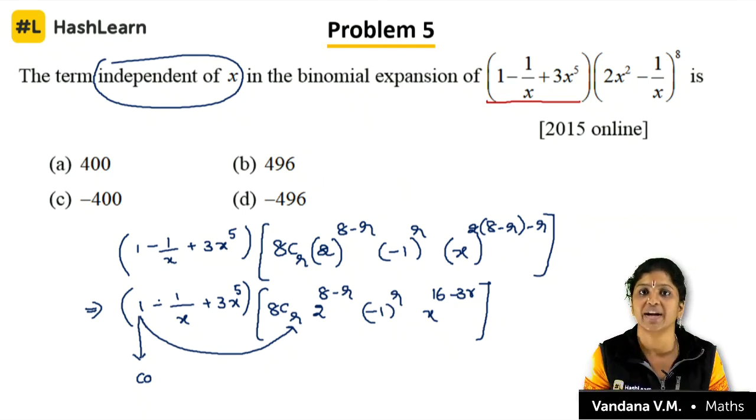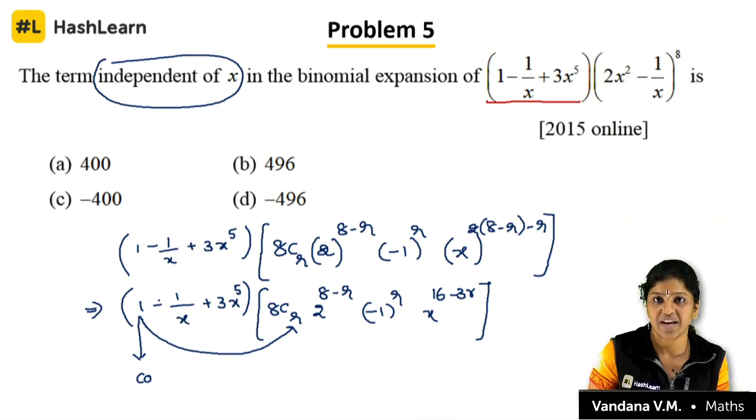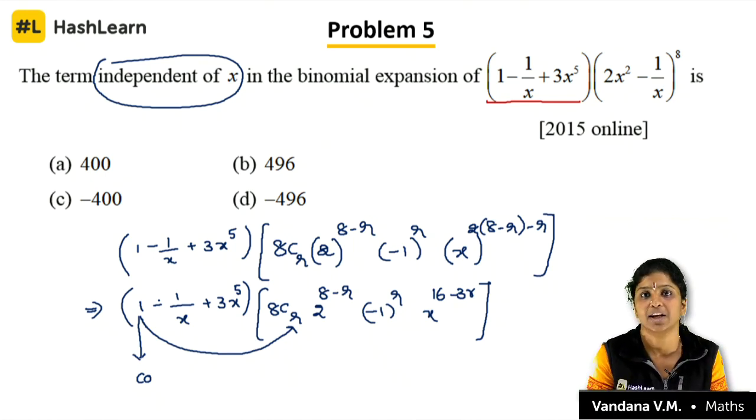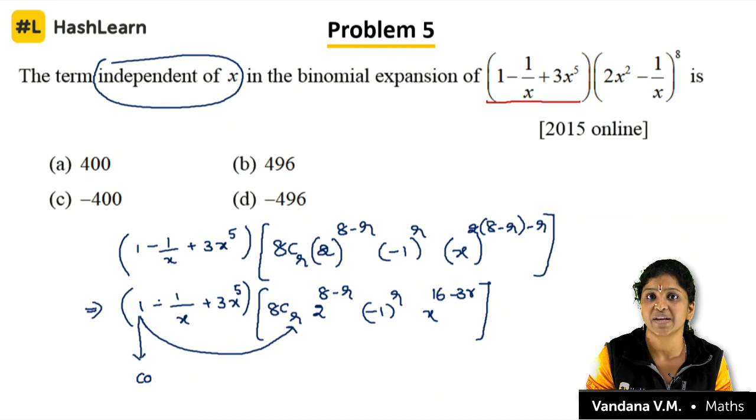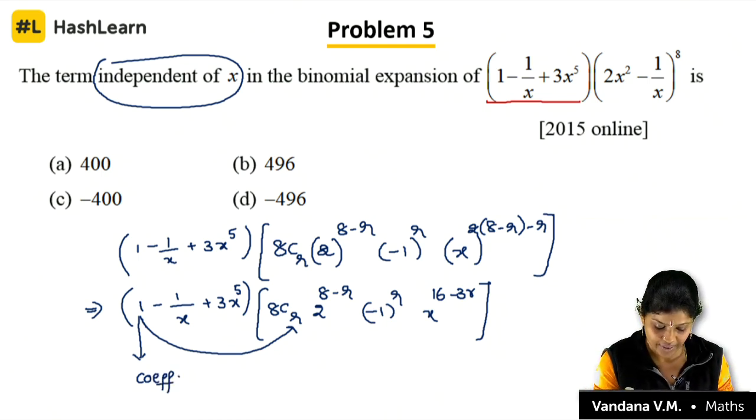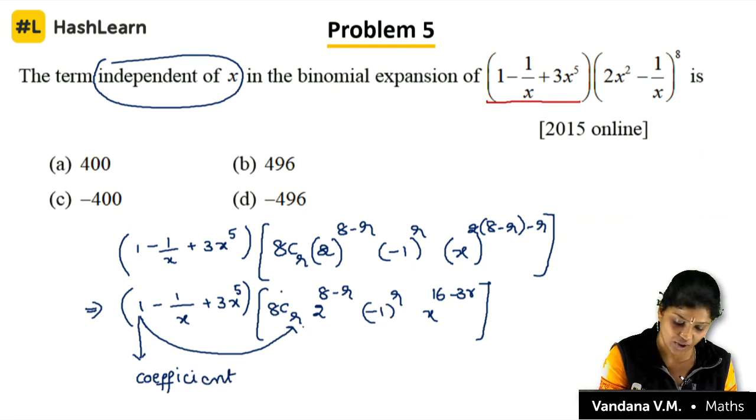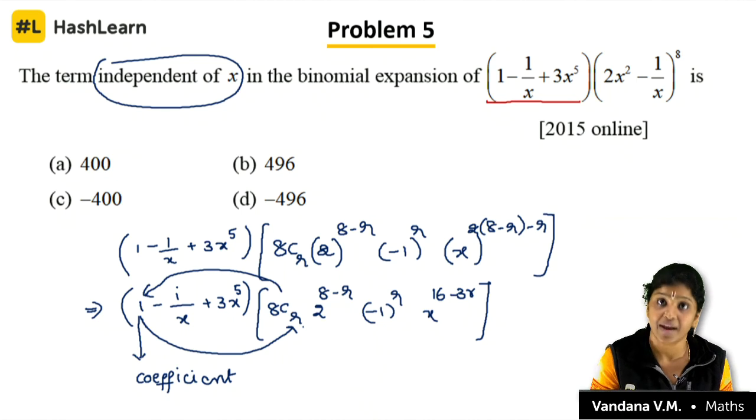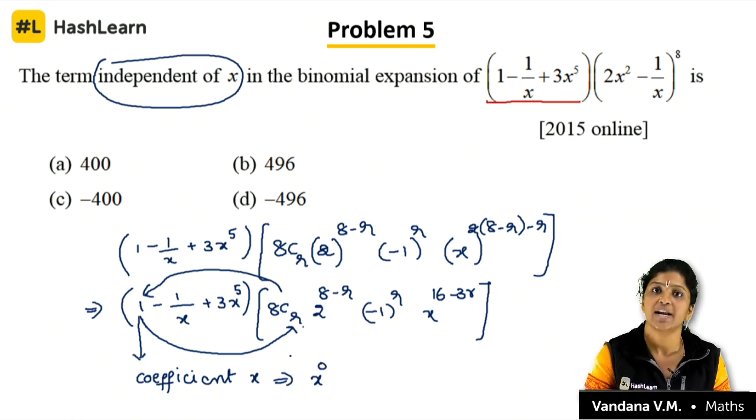If it is already a constant, if I multiply with 1, then I will get a constant term. So, that term is called the independent term. Whatever the multiplication is going to be, the power of x must be x power 0. Already it should be a constant. Then only if you multiply with 1, I will get the independent term.